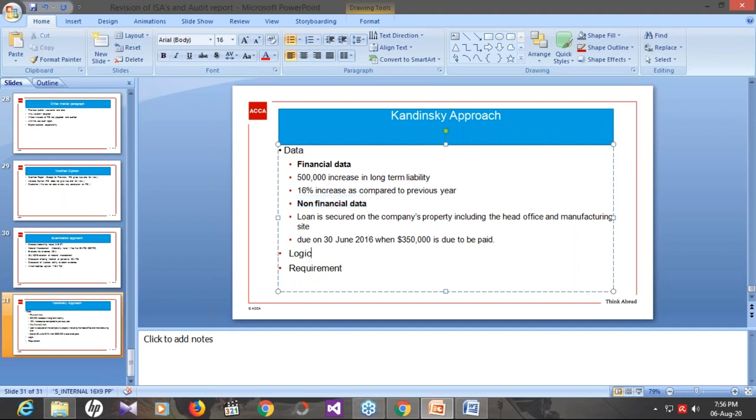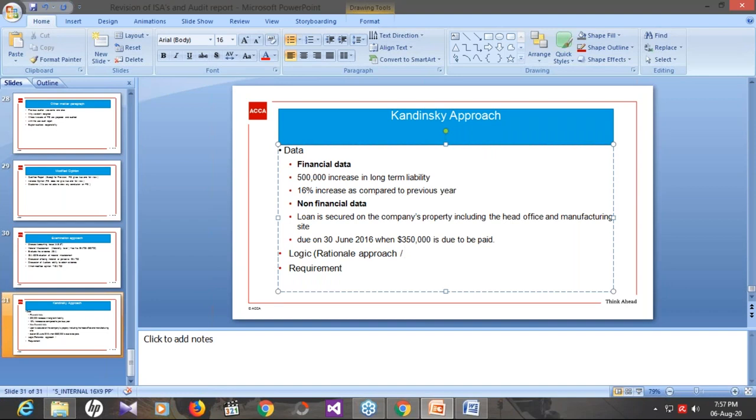Now, what is the logic? Sometimes students use common logic. What is common logic? I can say rational approach. That is common, that will happen.